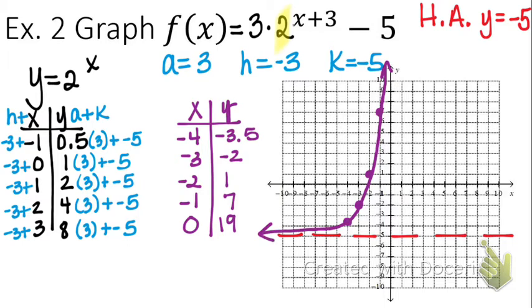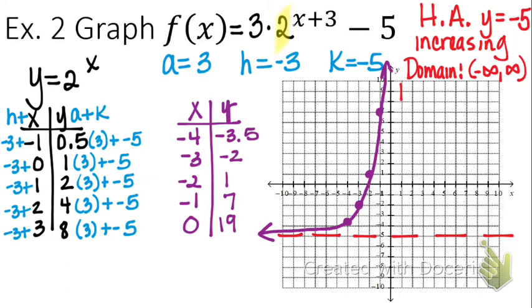You can kind of see how this one is stretched. It looks stretched because A is 3. So your domain is all real numbers. This is again an increasing graph. Your domain is all real numbers.